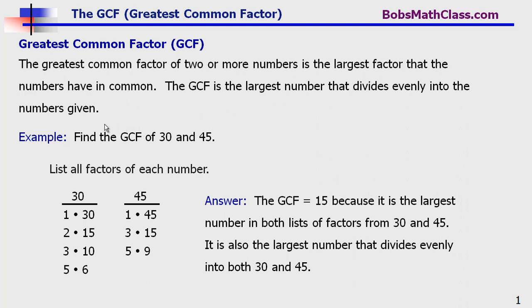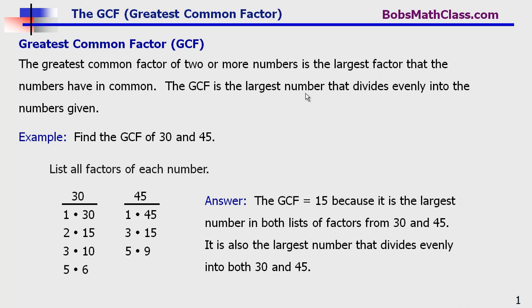So we want to know which number appears on both sides that's common, and that would be the 15. The greatest common factor is 15 because it is the largest number in both lists of factors from 30 and 45. It is also the largest number that divides evenly into both 30 and 45.